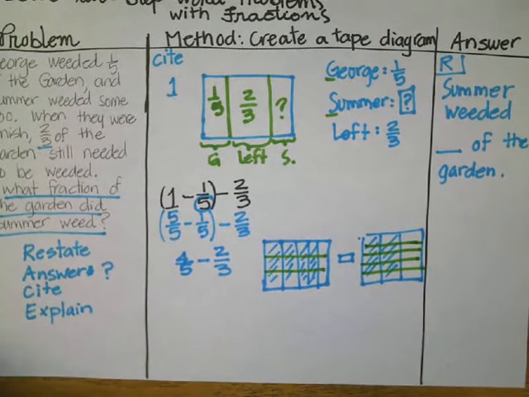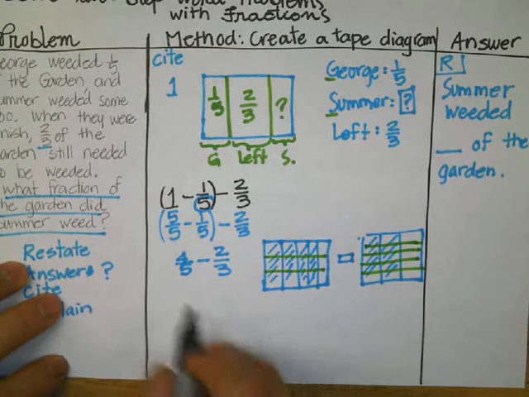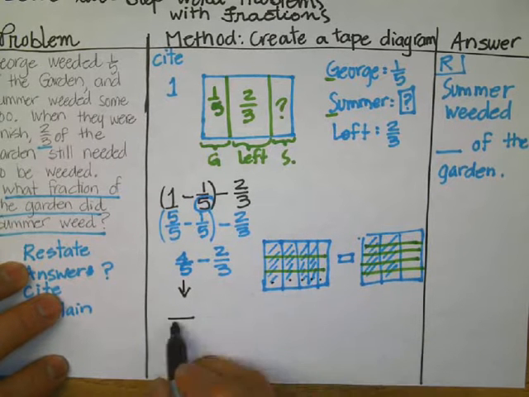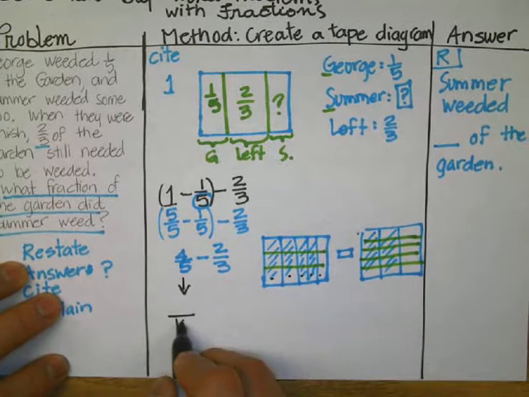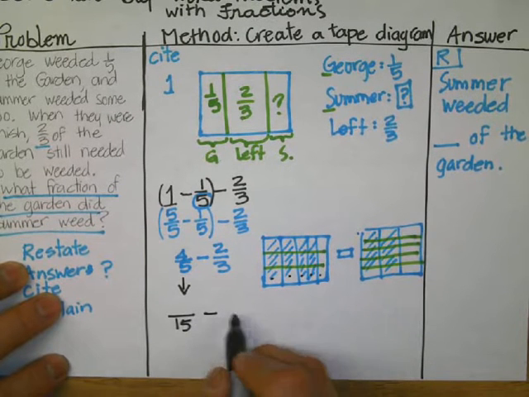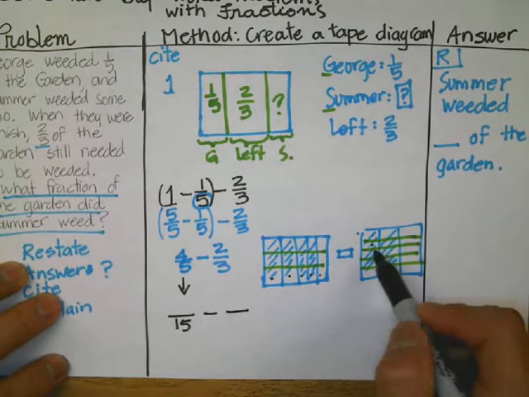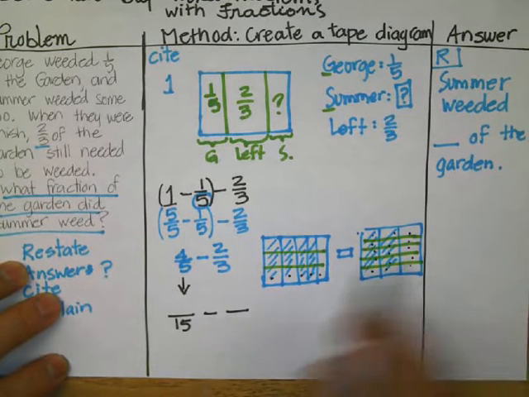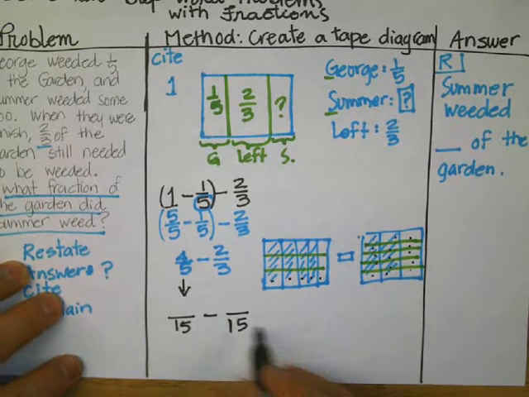So let's see what they are. How many parts? 1, 2, 3, 4, 5, and 1, 2, 3. So 5 times 3 equals 15. Minus, how many on this one? 1 through 15. Oh, look, we have common denominators. I mean, like denominators.